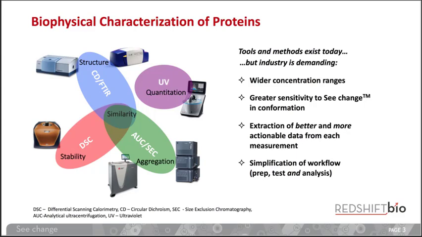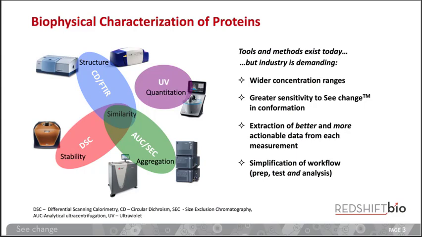So as I mentioned, the AQS3 Pro is a new type of instrument that is being used now for biophysical characterization of proteins. Many tools currently exist that cover different types of measurement, like CD and FTIR for structure, DSC for stability, SEC for aggregation, and UV for quantitation.